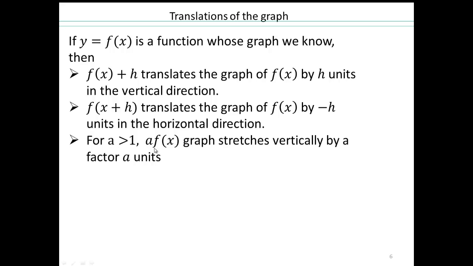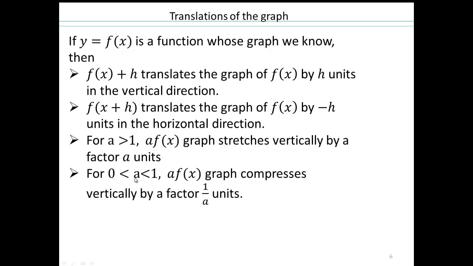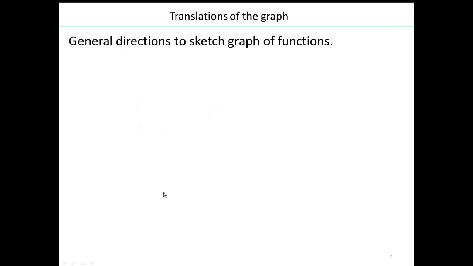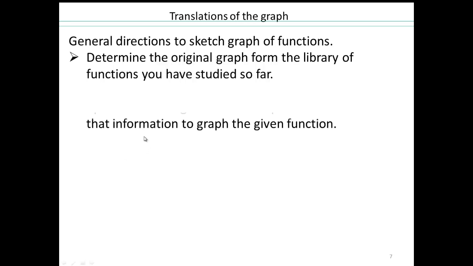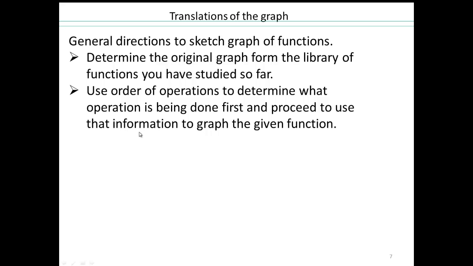For a bigger than 1, a times f of x, this graph is stretched vertically by a factor of a, and if a is between 0 and 1, the graph is compressed vertically by a factor of a. So the general directions to sketch graphs are: determine the original graph from the library of functions that we just looked at. Use order of operations to determine what operation is being done first. Proceed to use that information to graph the given function.